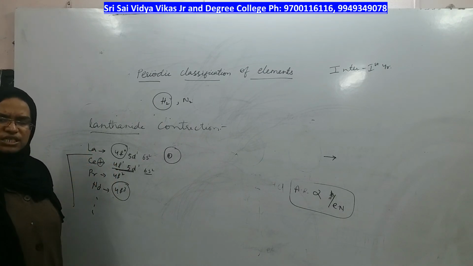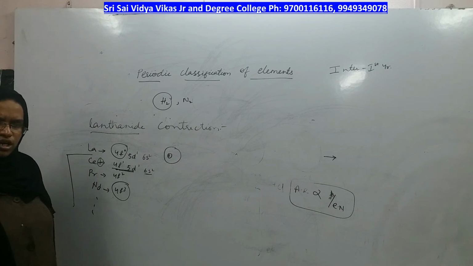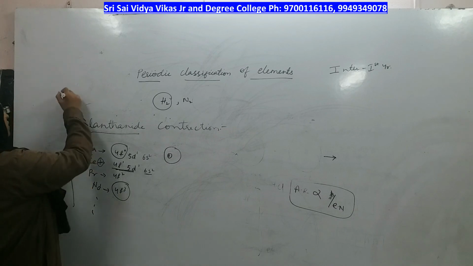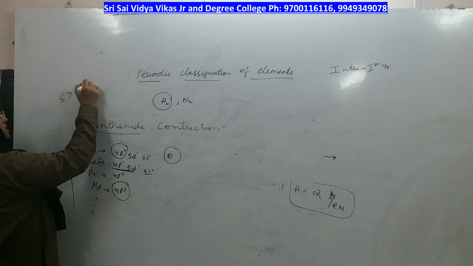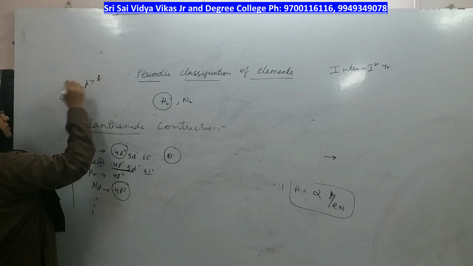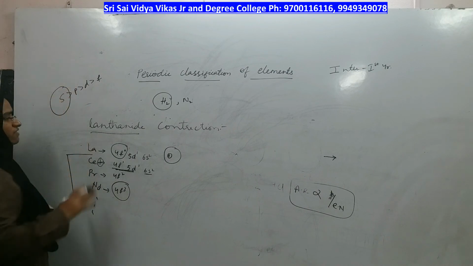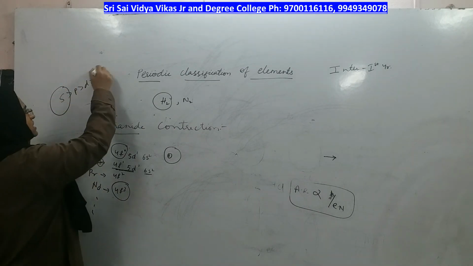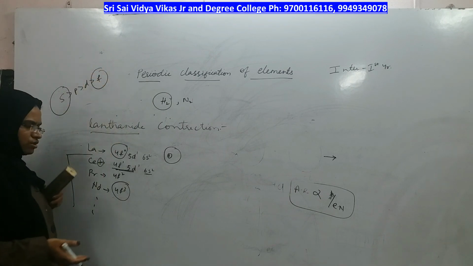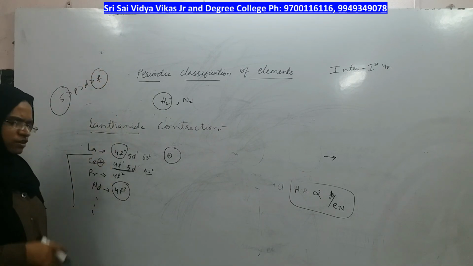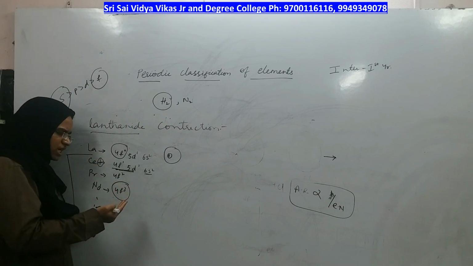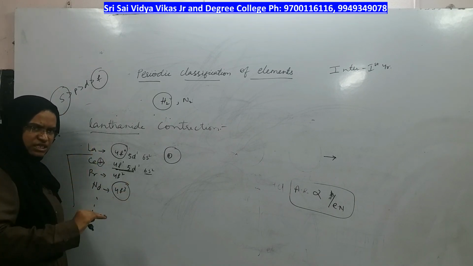If the electrons are present in the s orbital, will they have more screening effect or less? The order of screening effect was s, p, d and f. The s orbital always has more screening effect and the f orbital has less screening effect. So, if you go down from lanthanum till last, electrons are increasing, nuclear charge is also increasing.